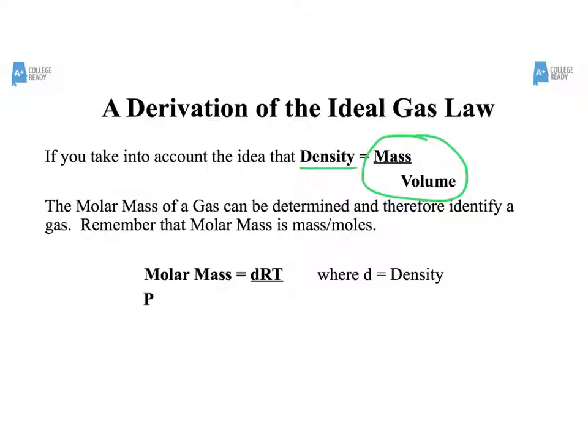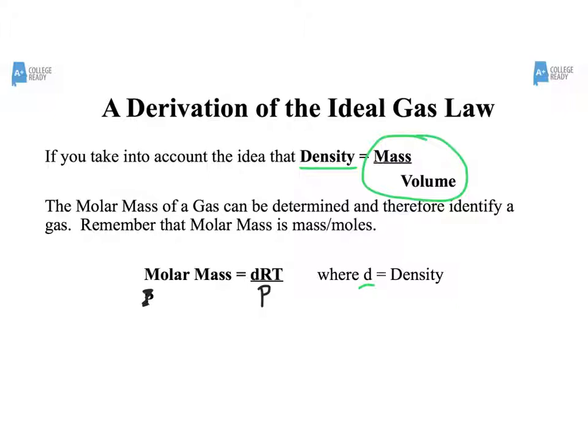So here's the equation. Molar mass is equal to dRT, D being density, R being the gas constant, T being the temperature, over pressure. My PowerPoint has this out of line, but I'm just going to write it right here. So dRT over P. Sometimes we call that the molar mass kitty cat, and because cats put dirt over their pee, the molar mass kitty cat puts dirt over their pee.